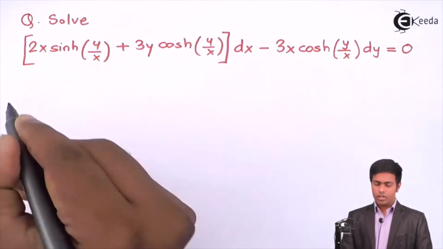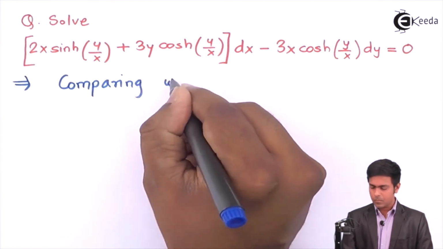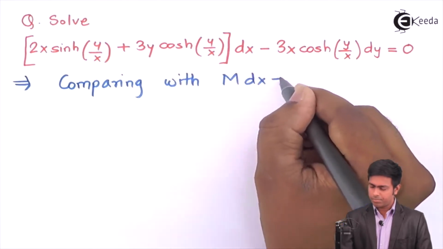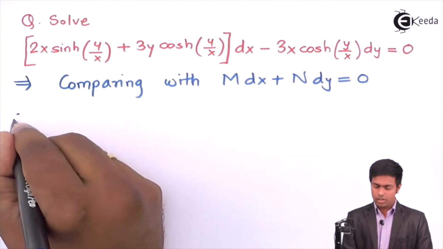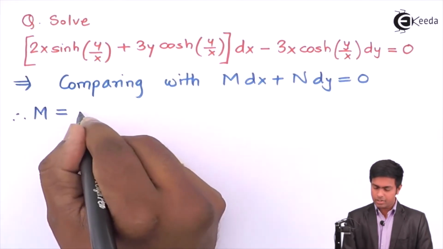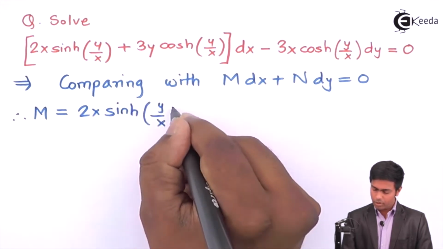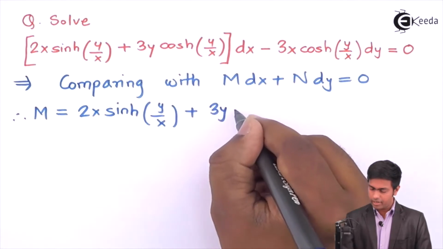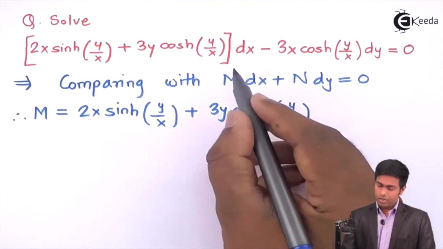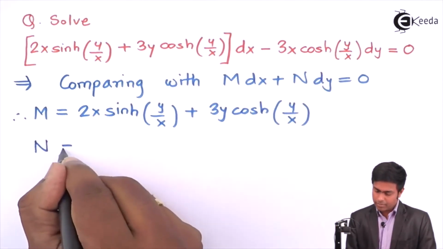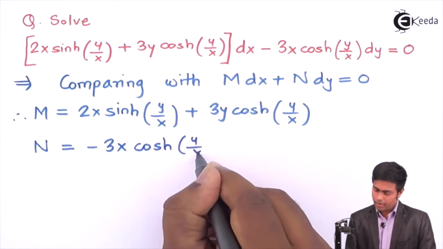For that, comparing with M dx plus N dy equal to 0, we get the value of M as 2x sinh(y/x) plus 3y cosh(y/x). Now the value of N is nothing but minus 3x cosh(y/x).